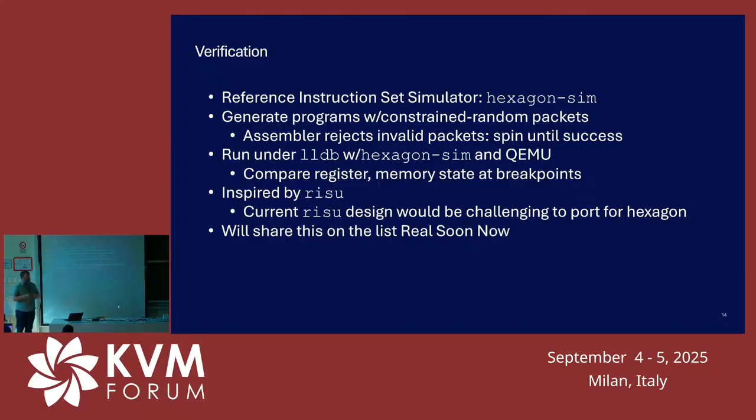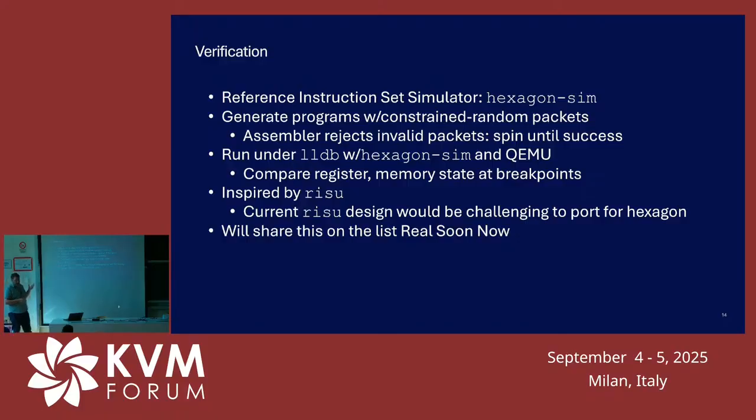One thing we were asked about in the past was verification, and a typical tool that's used is called RISU, is my understanding, for a lot of other architectures. Because of the way that the instruction packets are designed, the encoding space is really, really big, but the valid encoding space is smaller, and it's, I think, challenging to describe.